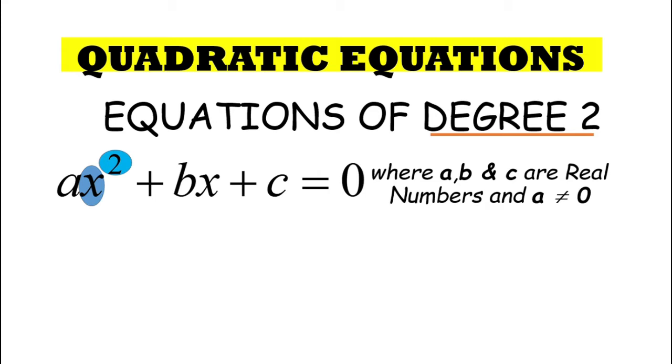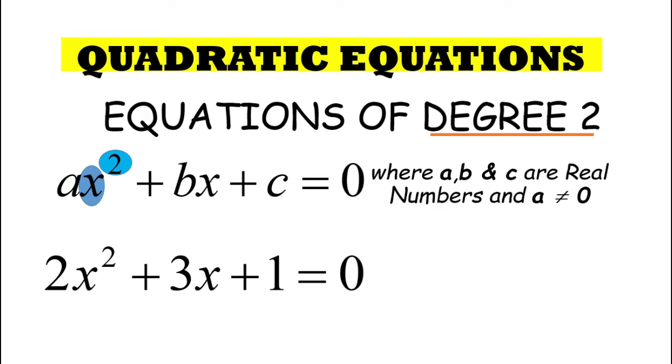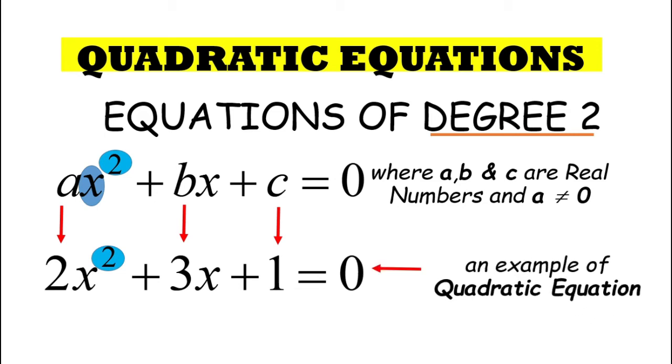For an example, 2x squared plus 3x plus 1 is equal to 0, where a is equal to 2, b is equal to 3, and c is equal to 1. So notice that the highest exponent of our unknown variable is 2. It means that 2x squared plus 3x plus 1 equals 0 is an example of a quadratic equation.